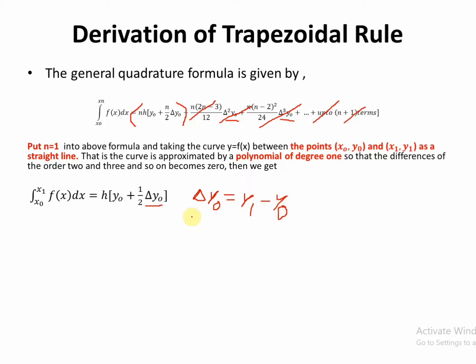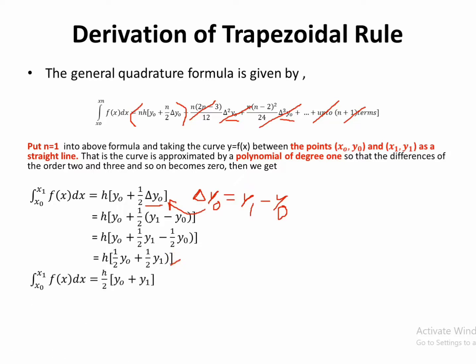So putting this in the equation here, you can find it like this. By simplifying this equation you can find this equation. So the integral from x0 to x1 of f of x dx is equal to h by 2 times (y0 plus y1).